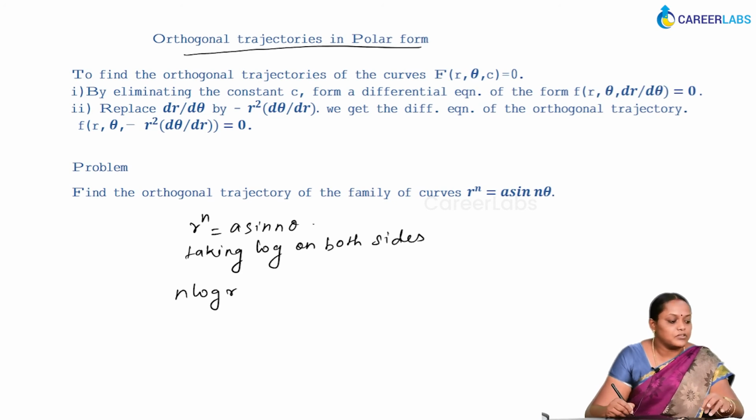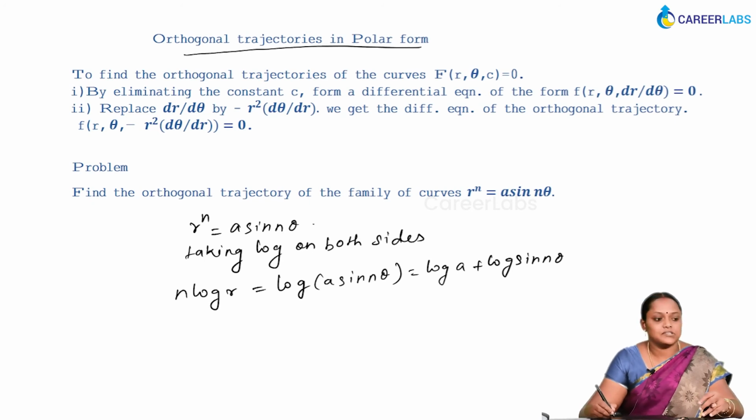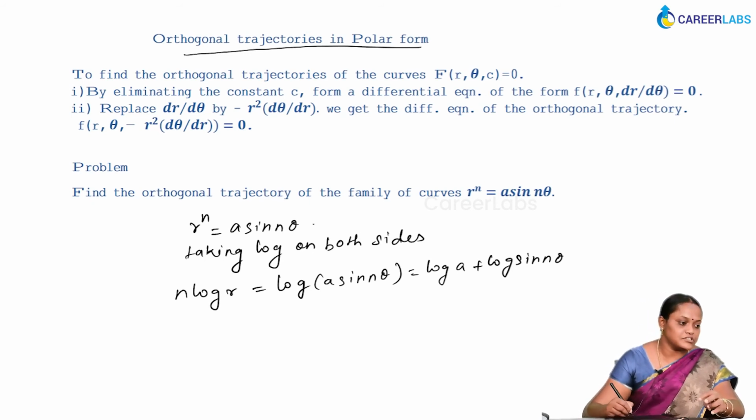So using the property of logarithm, we can write it as n log r is equal to log of a sin n theta. This log of a sin n theta we can write as log a plus log sin n theta, because the log of a product of two functions is the sum of the logs of those two functions separately.